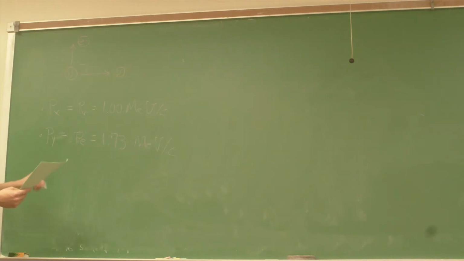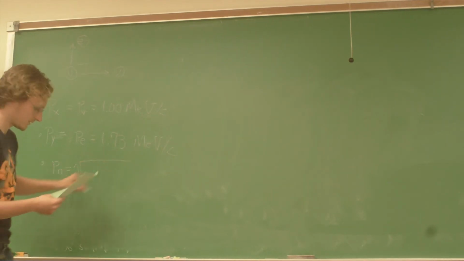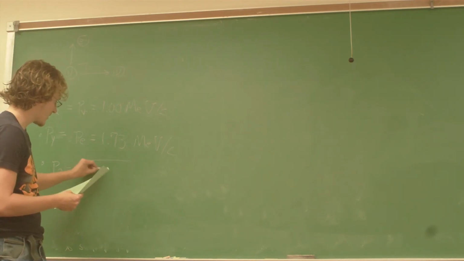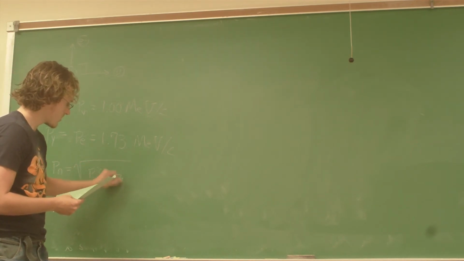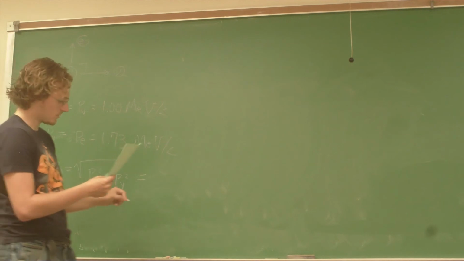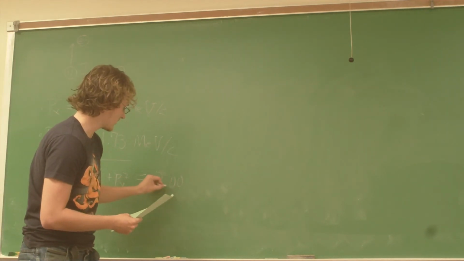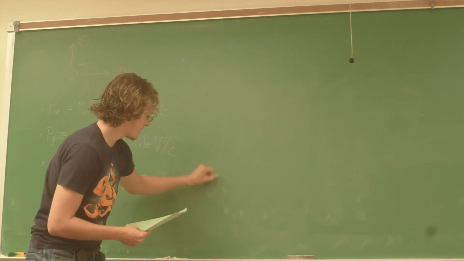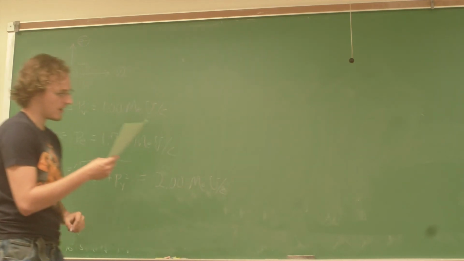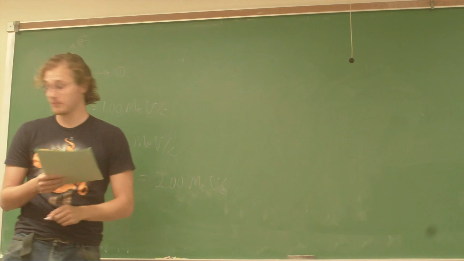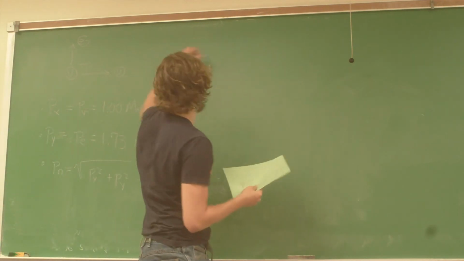Right, exactly. So you pretty much just do the momentum of the nucleus, square root of 1 squared plus 1.73 squared, which is 2, a nice number. And then you need the angle. You can pick whichever angle you want.